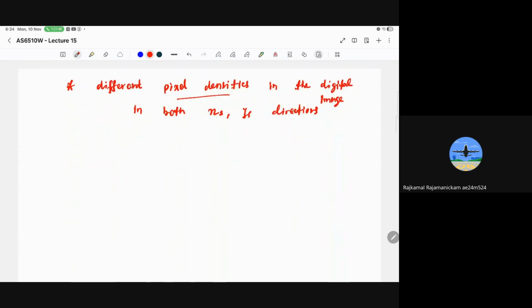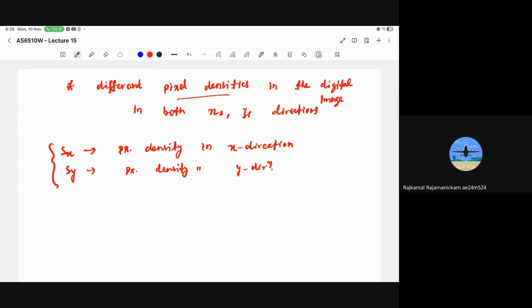So let us say Sx is the pixel density in the x direction, and similarly Sy is the pixel density in the y direction. With the help of these pixel density values, we can relate millimeter with pixel.